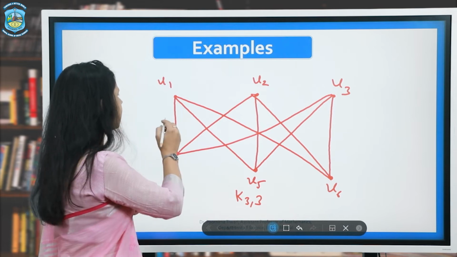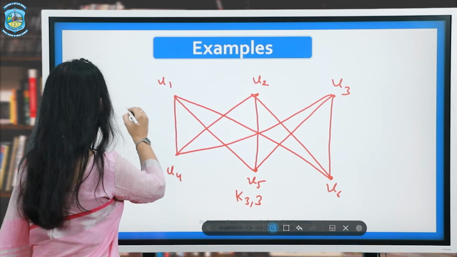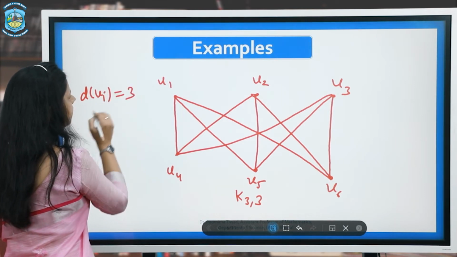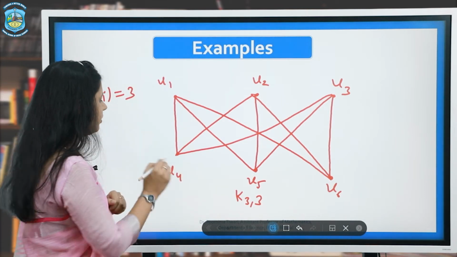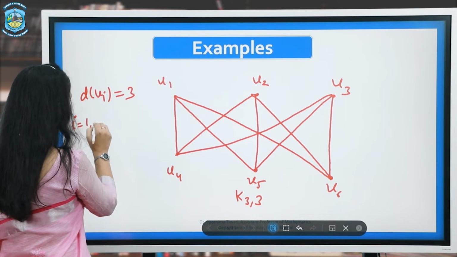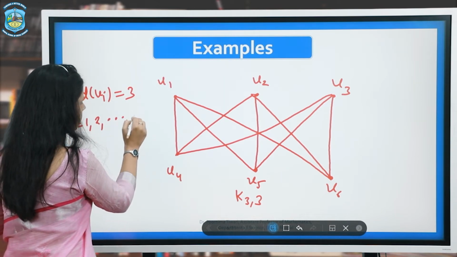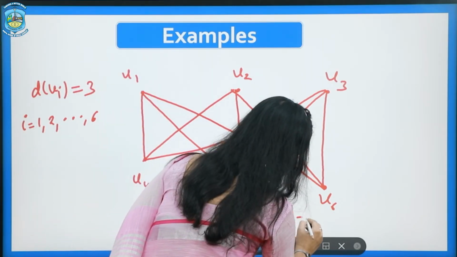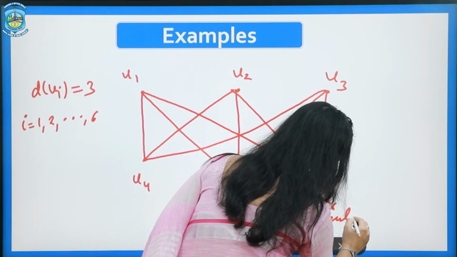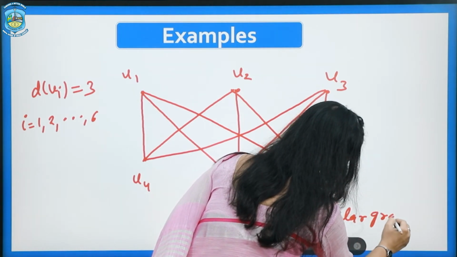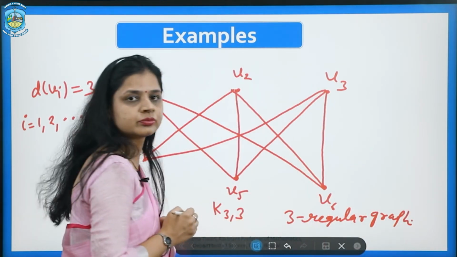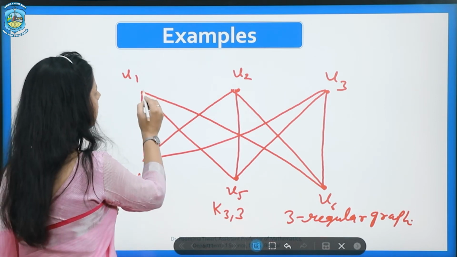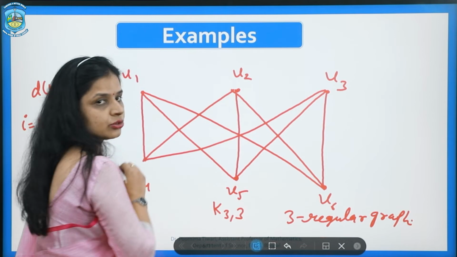You can notice that the degree of each vertex is 3 here. If we talk about the degree of Vi, then it is 3 for i varying from 1, 2 up to 6. So, this graph is a 3 regular graph. But we can see there is no edge joining the vertices V1 and V2.